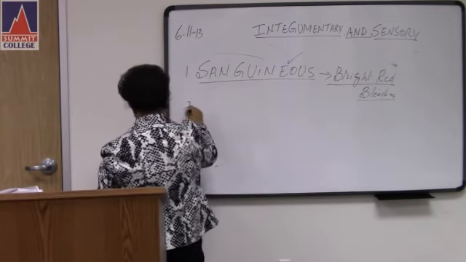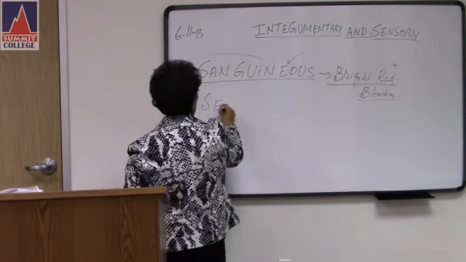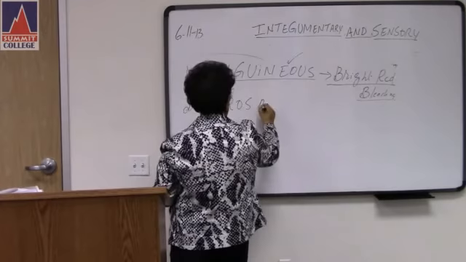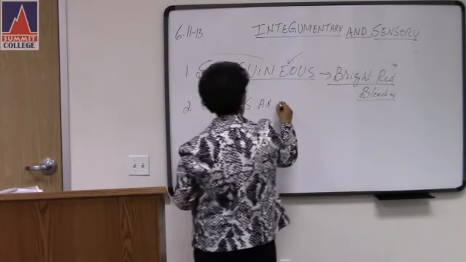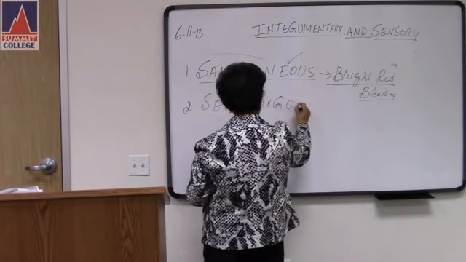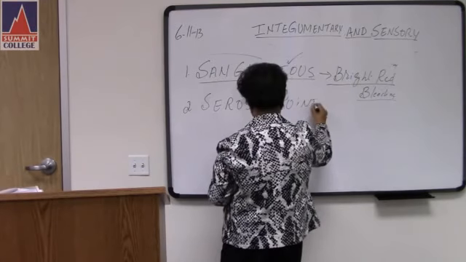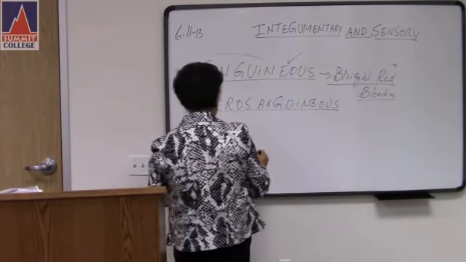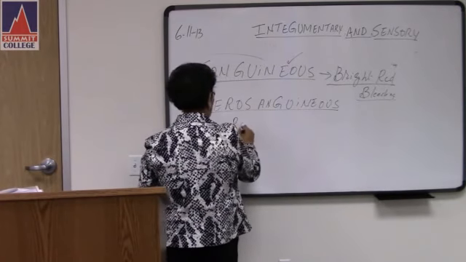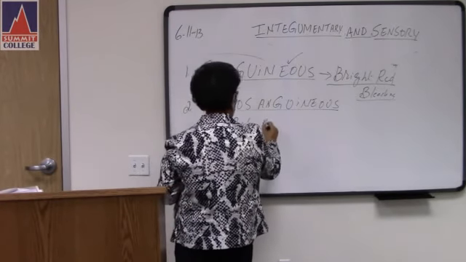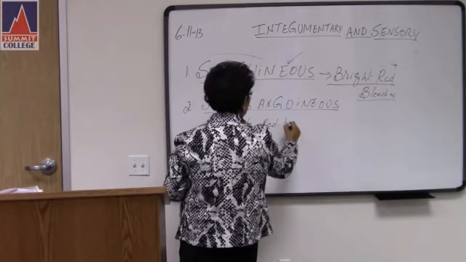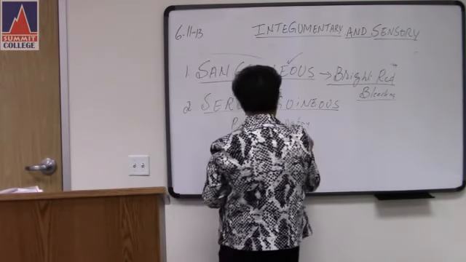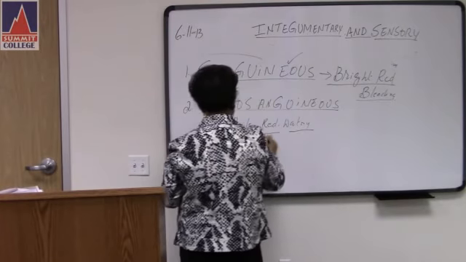Number two is serosanguineous, S-E-R-O-S-A-N-G-U-I-N-E-O-U-S. Serosanguineous has a pale red, watery color, and this is normal.